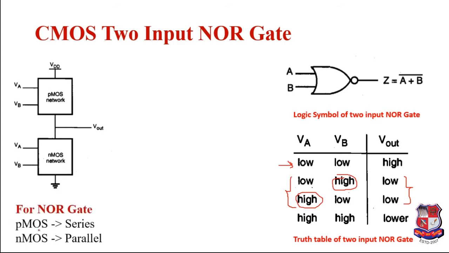So that is what we have discussed: for the NOR gate, PMOS will be in series and NMOS will be in parallel. So let's design a CMOS NOR gate based upon this knowledge. As the NMOS transistors are in parallel, let me draw the first NMOS transistor.